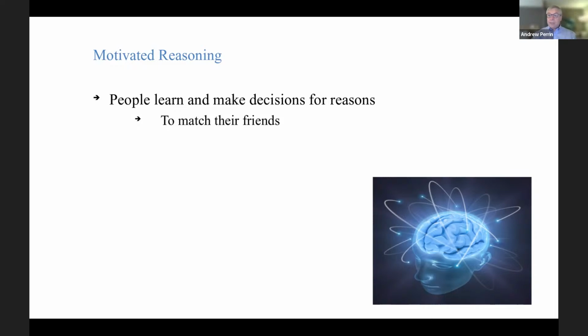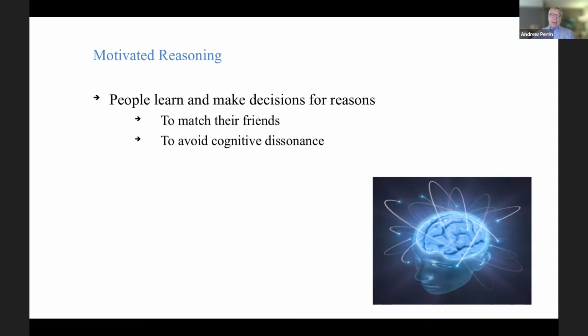So some of those reasons are really straightforward. They may do that because they like to match their friends, because it's more fun to agree with your friends than to disagree with them. Even beyond the question of it being more fun, you may trust your friends. People may trust their friends to have made good decisions and good judgments. And so for various reasons, people incorporate new information and concepts and make decisions in order to match what their friends are thinking. They may do so to avoid cognitive dissonance.